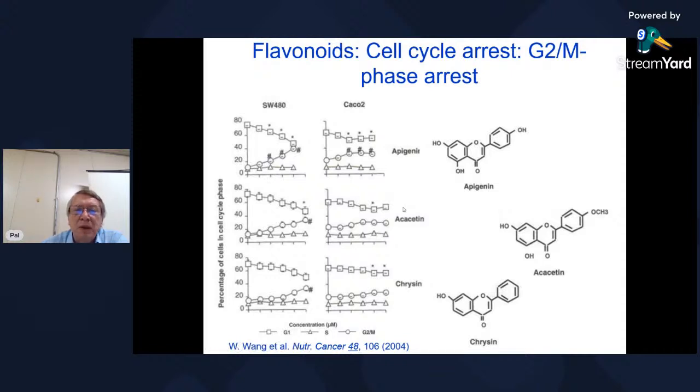The G2/M arrest is another checkpoint, okay? And this G2/M arrest will be the main spot of the cell cycle at which not only these flavonoids, but most of the chalcone derivatives also act.